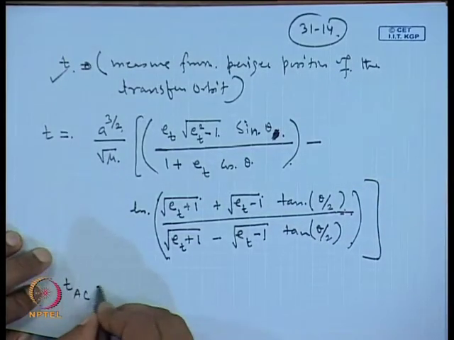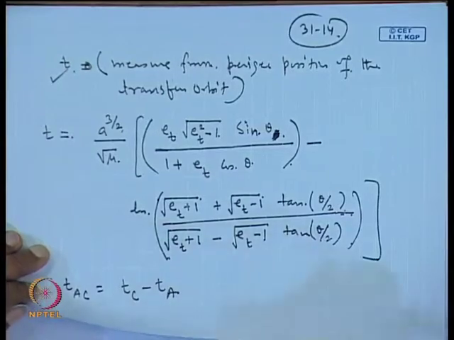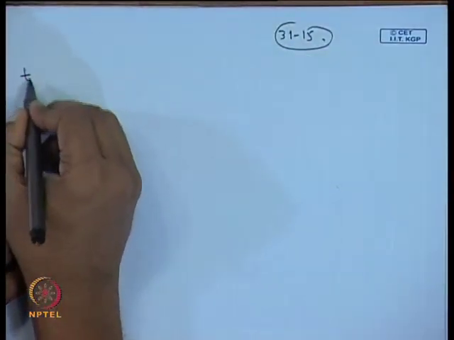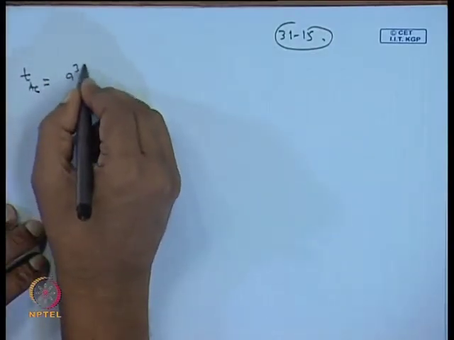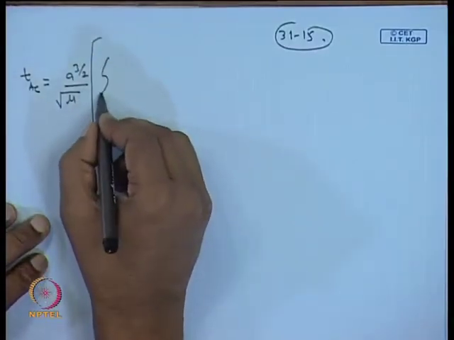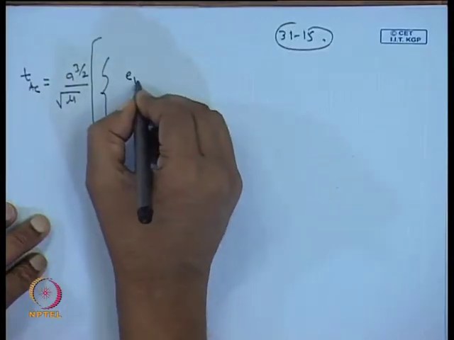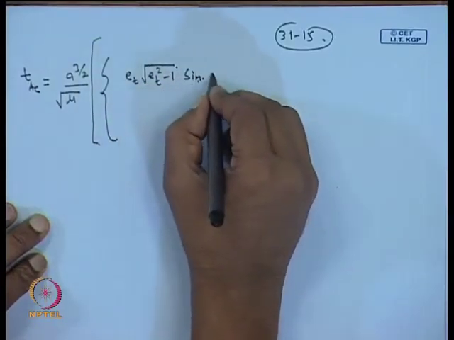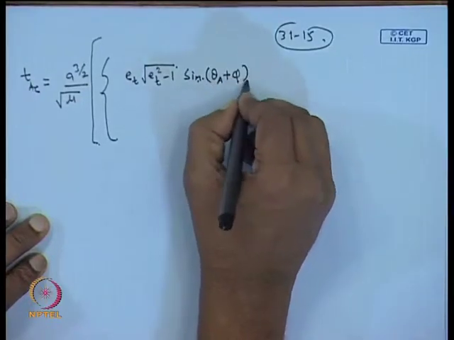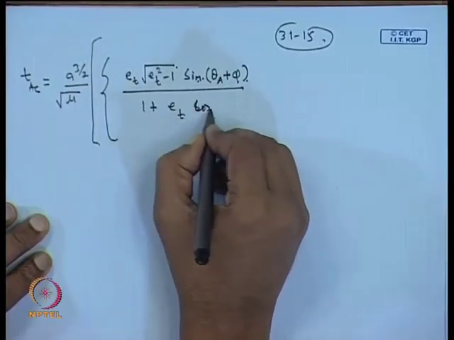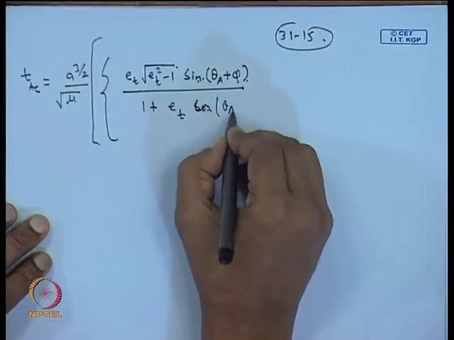Okay, so using this equation, we can write T_AC equal to T_C minus T_A. So, therefore, T_AC will become a to the power 3 by 2 divided by root mu, and in bracket we will have here E_t times root of E_t square minus 1 times sin of theta A plus phi, divided by 1 plus E_t cos of theta A plus phi.